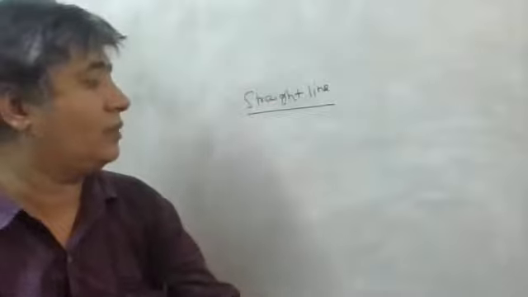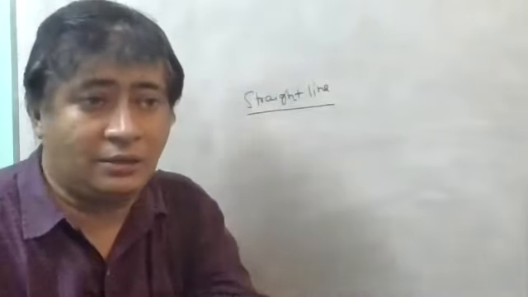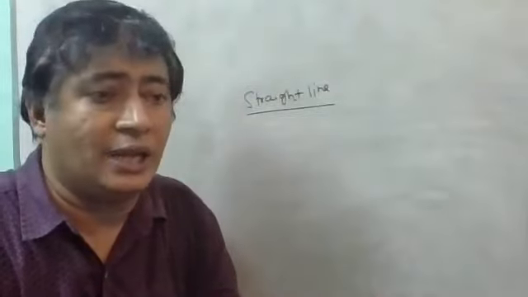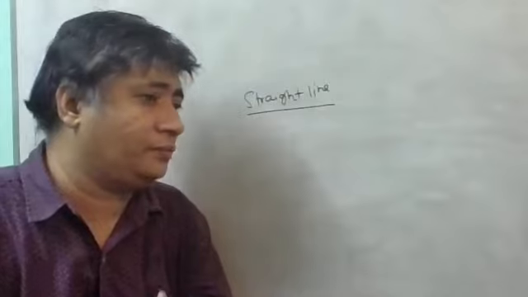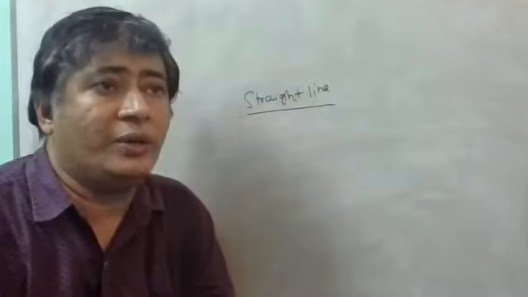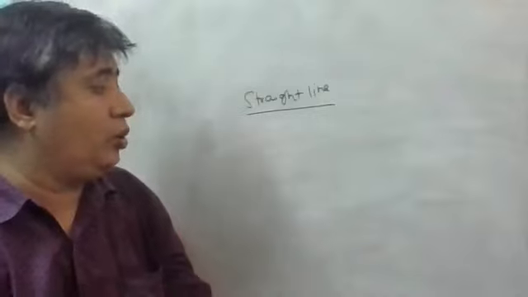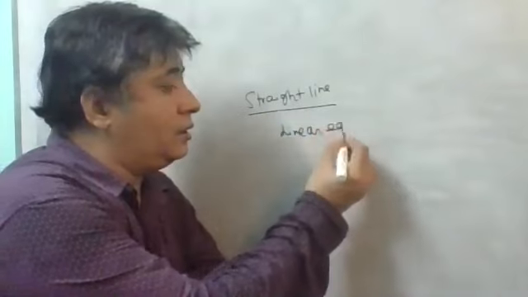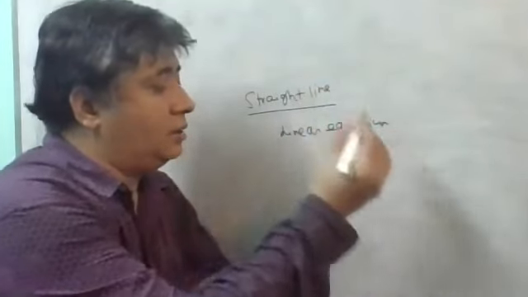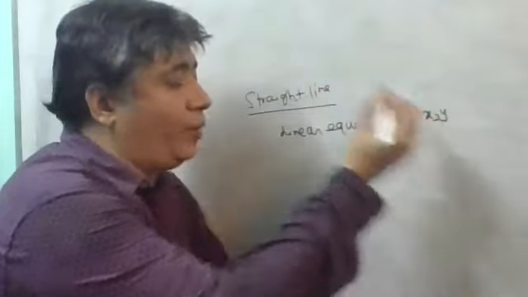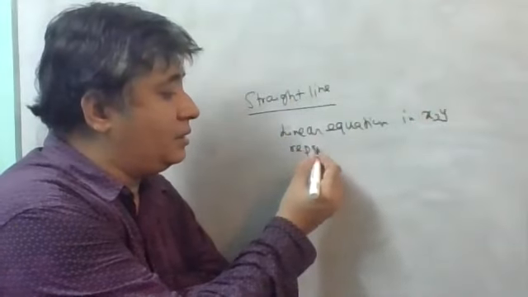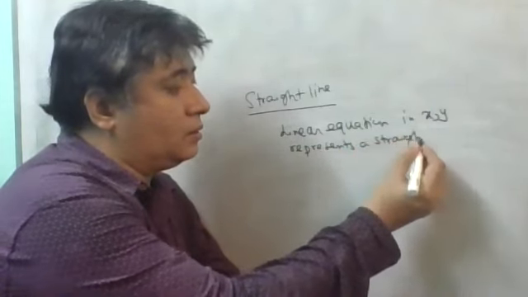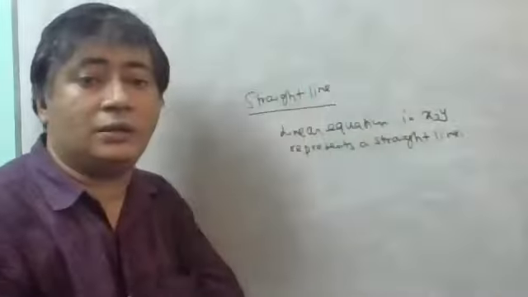Now, first, the definition of straight line. Euclid defines that joining two points is a line. You are quite familiar with this definition, and you know that a linear equation in x, y represents a straight line.